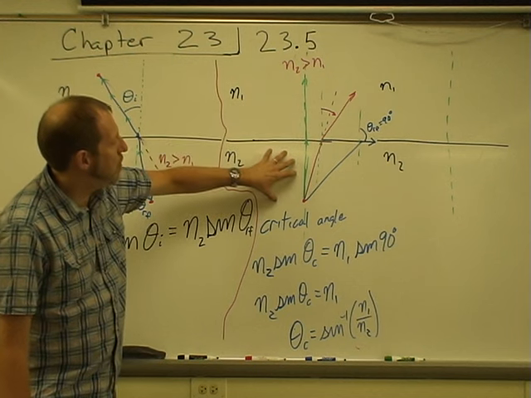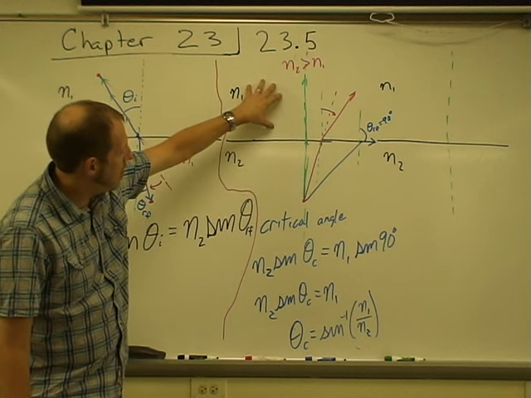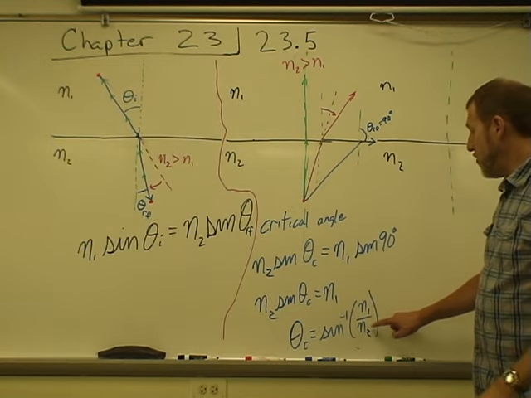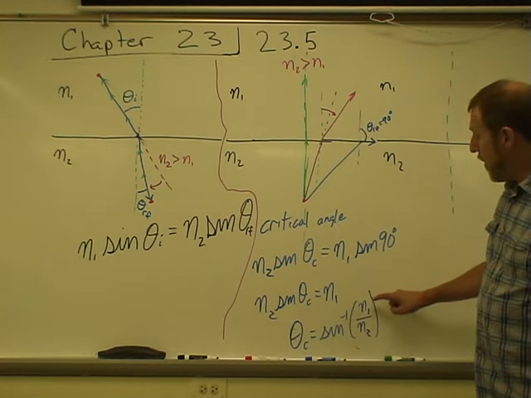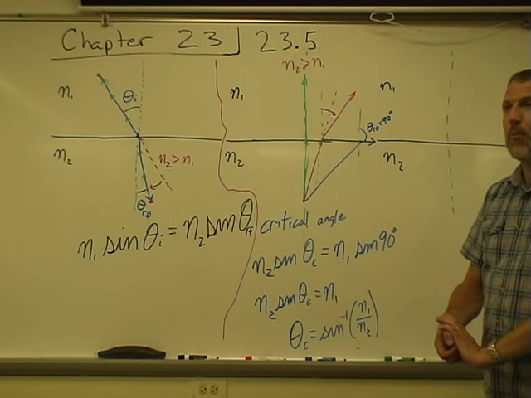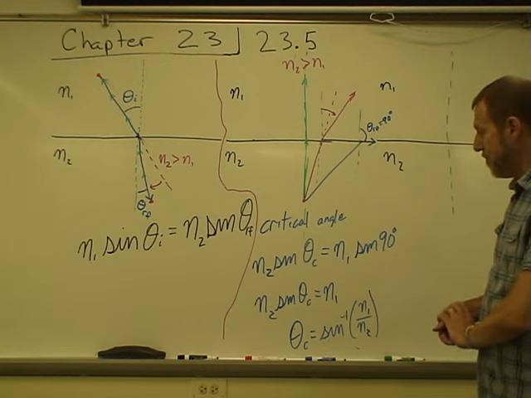Because this number then will have to be larger than that number. So N1 over N2 will have to be less than 1, which is the only way that this answer will make sense. If you try and find the arc sine of 1.7, your calculator is going to look at you like you've gone crazy.